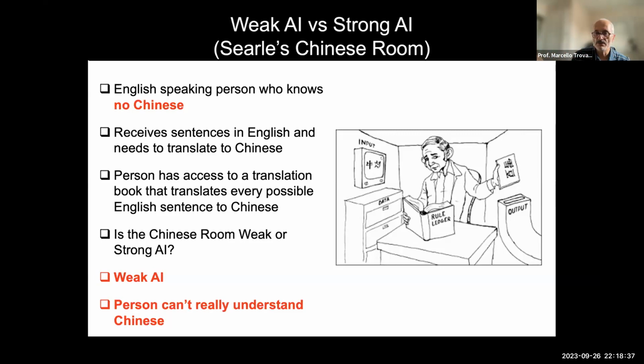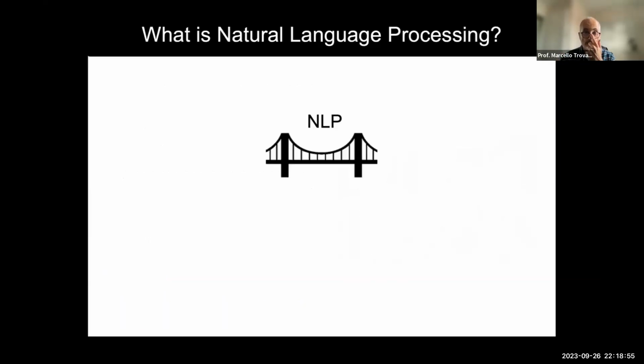If you have a specific input, it will look it up in the book and find the corresponding translation. But it doesn't have a clue what the symbols mean. It just follows the rules. And that is actually what happens in the majority, if not all, of the artificial intelligence techniques at the moment.